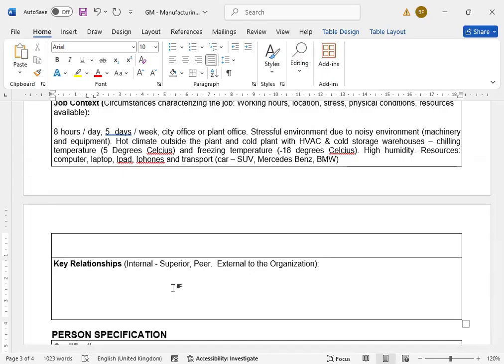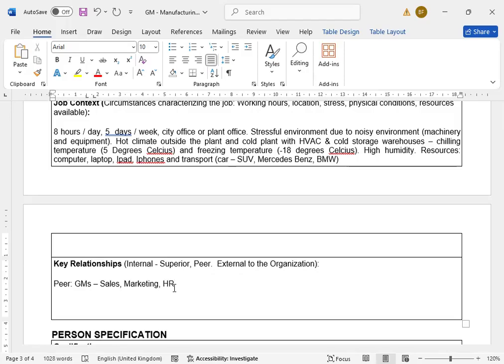Then the next one would be key relationships. For the peers, your peers, of course, are all GMs, say, for example, sales, marketing, HR.